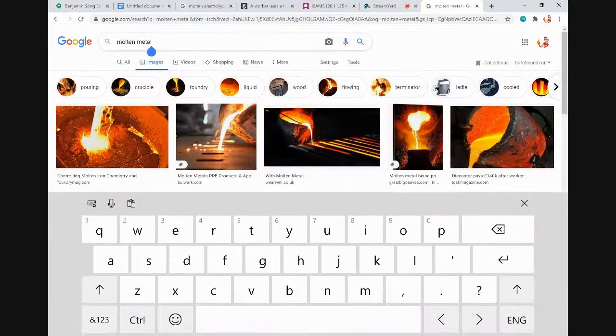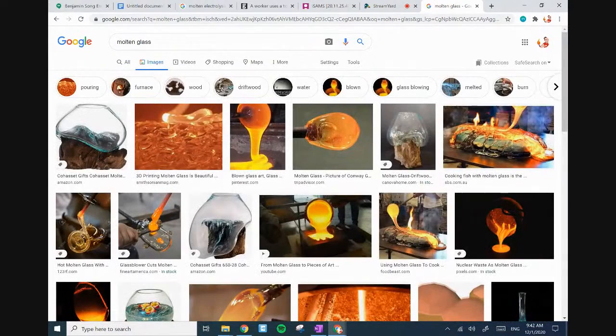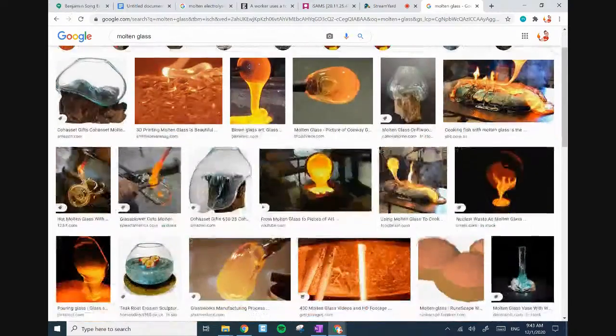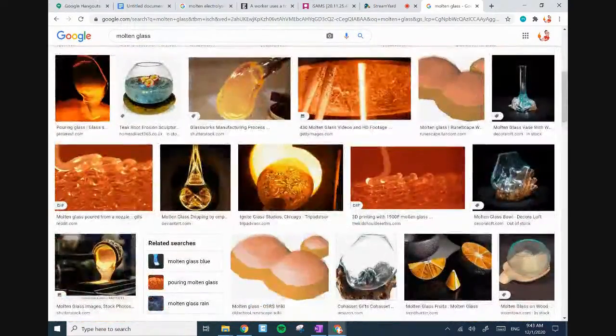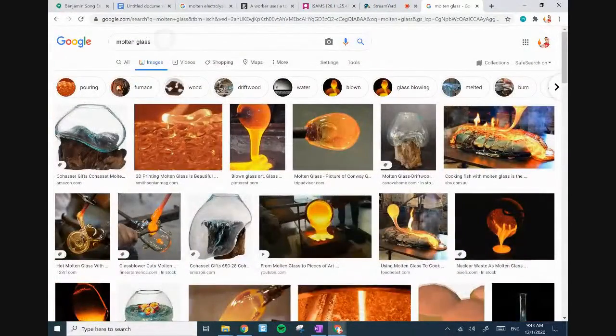Let's look at other molten things. Molten glass. You can see a commonality here. Whenever something is molten, it's often glowing orange. That's how hot these things are. They are insanely hot. So molten means a hot liquid.